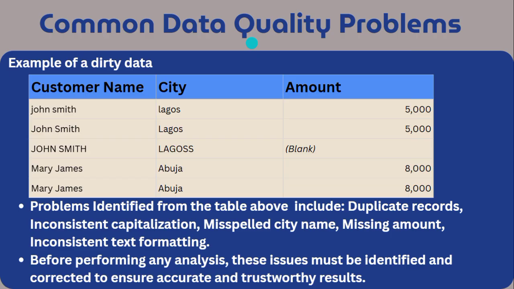From this record, we identify the following problems: duplicate records, inconsistent capitalization, misspelled city names, missing amounts, and inconsistent text formatting. So before performing any analysis, these issues must be identified and corrected to ensure accurate and trustworthy results.